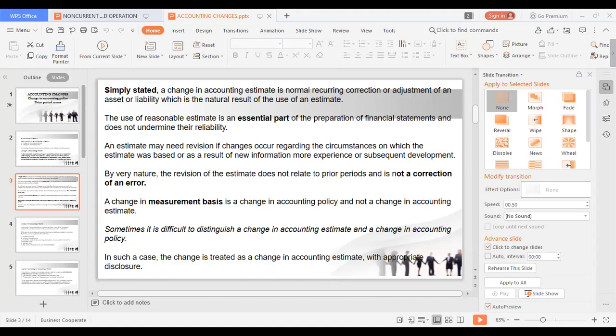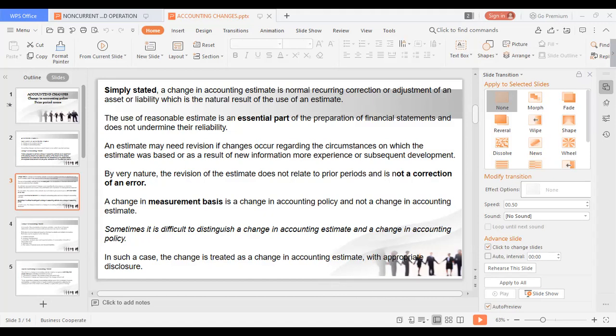These errors resulted in overstatement of each year's income by 25,000 net of income tax. The net income for 2020 is correctly reported at 500,000. The following amounts were reported in the previously issued financial statements.